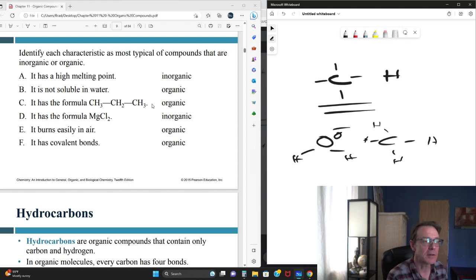That is certainly an organic molecule with carbon and hydrogen. There's C. Magnesium chloride is inorganic. If you'll notice, we have metal, non-metal, okay, ionic bonding there, burns easily, and we'll look at that because we have looked at it when we were balancing equations. We saw combustion.